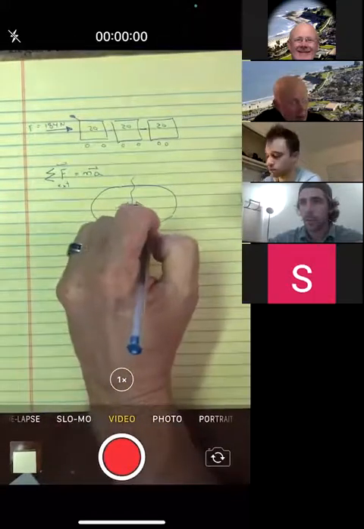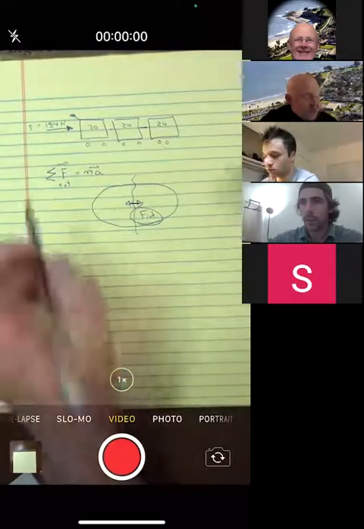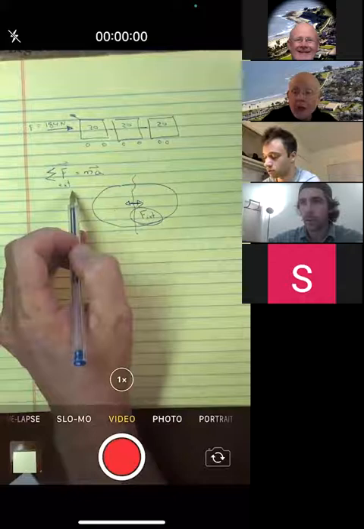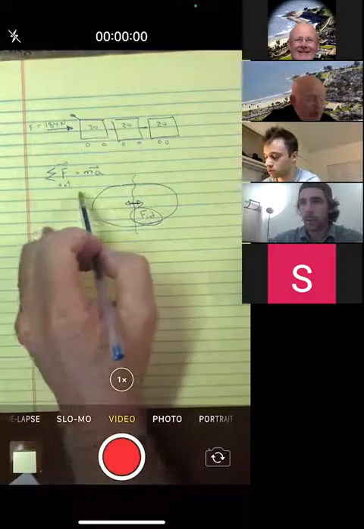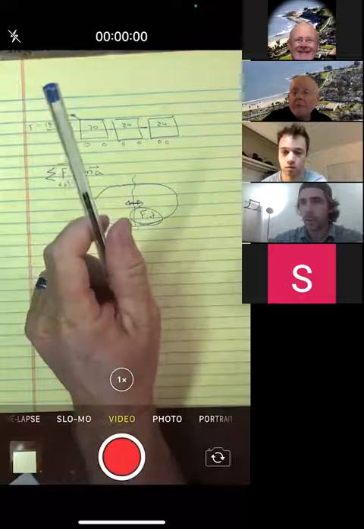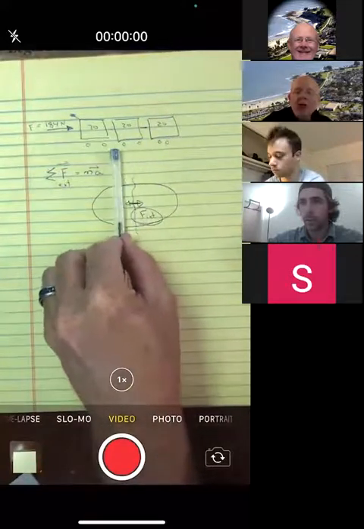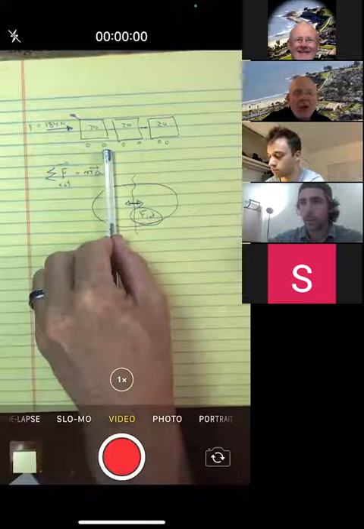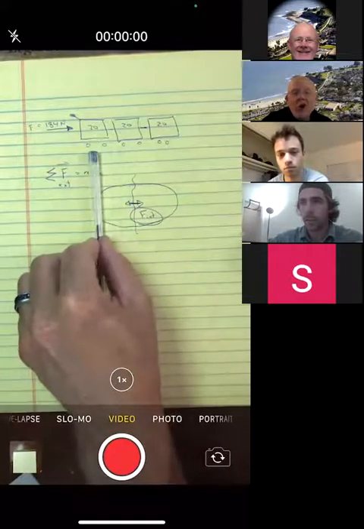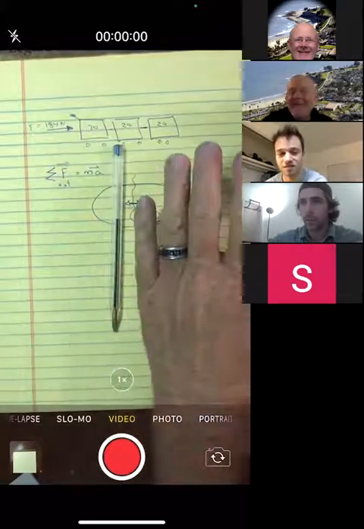So for a particular problem, the good news is we don't have to worry about internal forces. The bad news is if we wanted to solve for a force that was internal, we can't get it through Newton's laws. It cancels off.